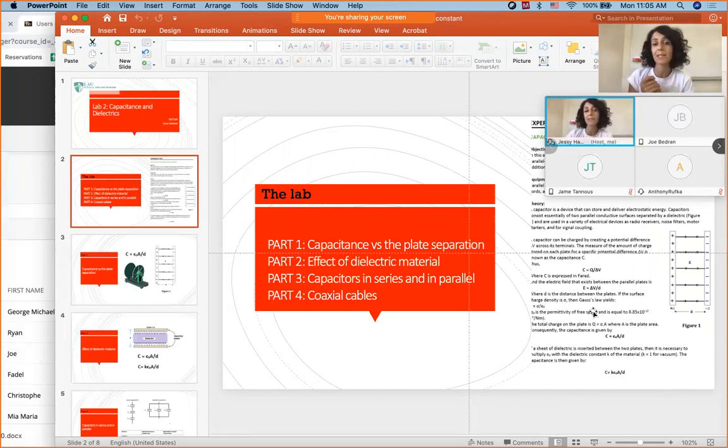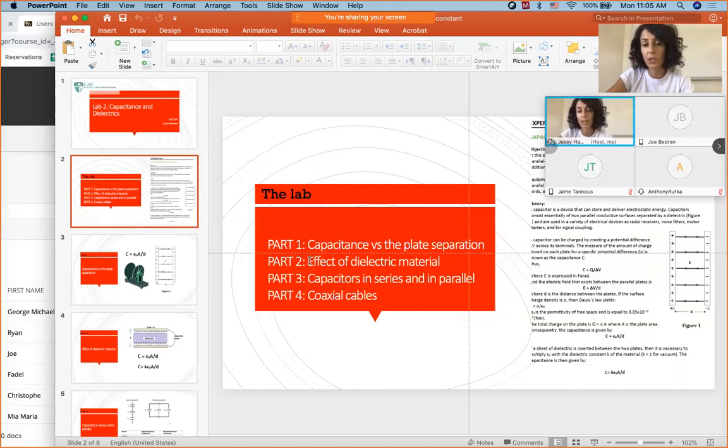This lab is practically long. You have part 1 and 2 and 3 and 4. That's why I wanted it to be explicit and visible. Part 1, you will deal with the capacitance versus the plate separation. You will vary the plate separation and you will measure the capacitance of your capacitor. It's gonna be a very small capacitance in the picofarad.